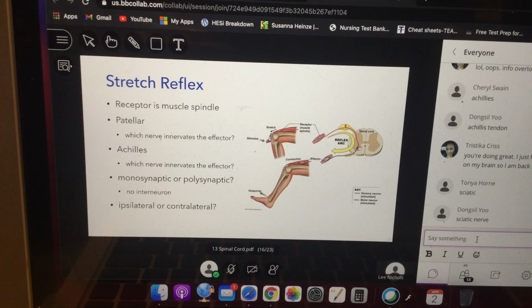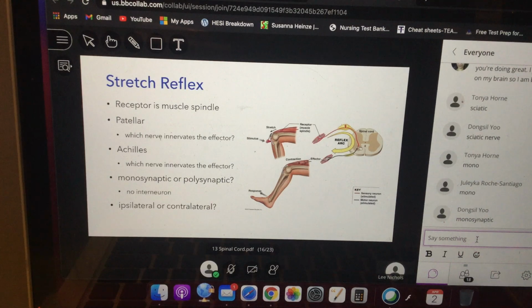There's no neuron in between. Monosynaptic, I'm trying to give you a clue, or many synapses, just mono. Yeah, there's just one place where the sensory neuron synapses with the motor neuron. So it's a single synapse. One sensory neuron, one motor neuron, single synapse in between.